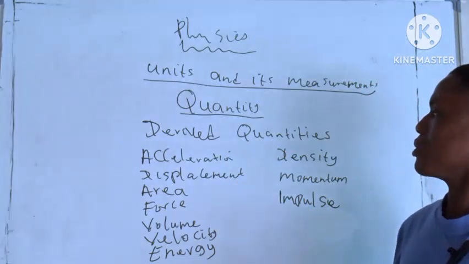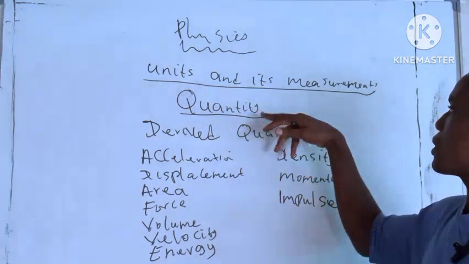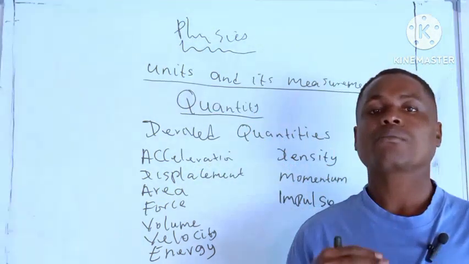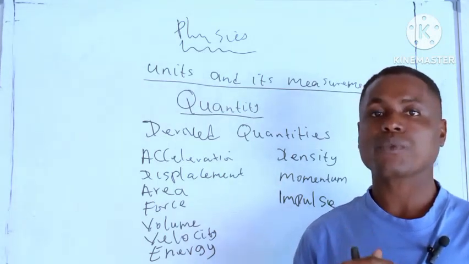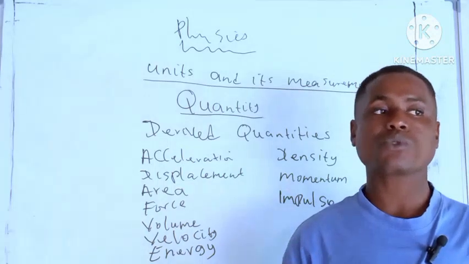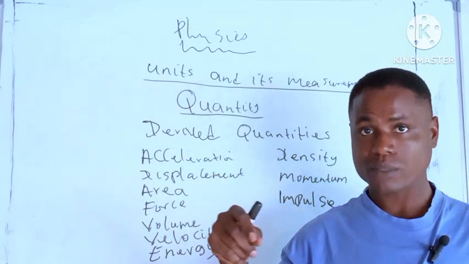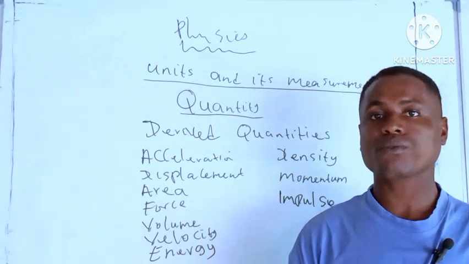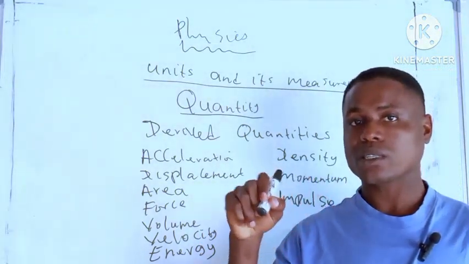Okay, so let's move to units, the units of these derived quantities. Now in physics, measurements and units are very important. That's why when you are using a measuring tape to measure either the length of a football field or the breadth of a football field, after the length, you put the units, right?